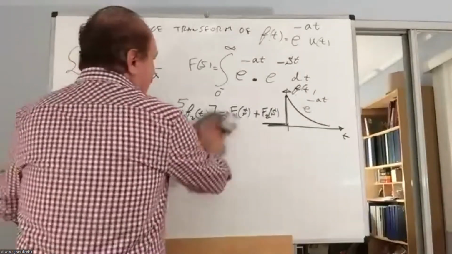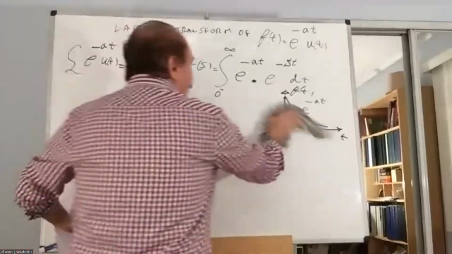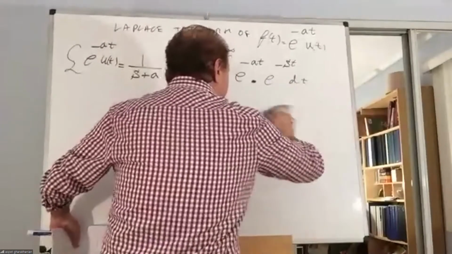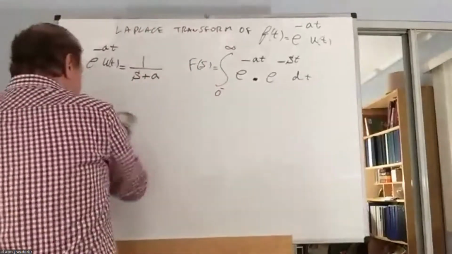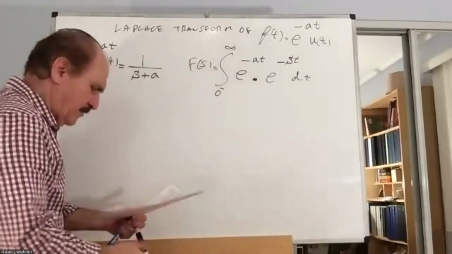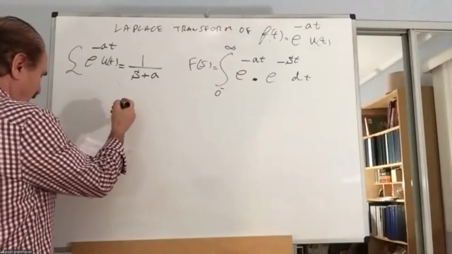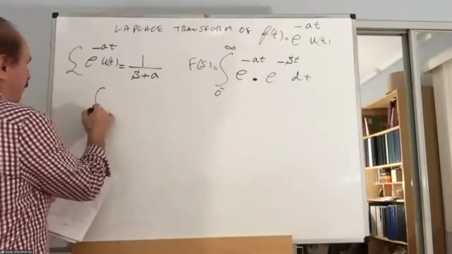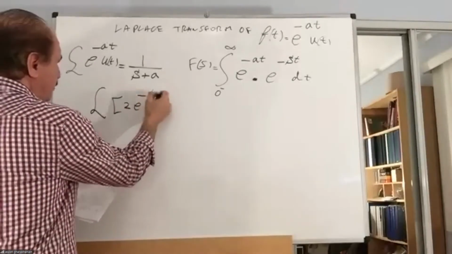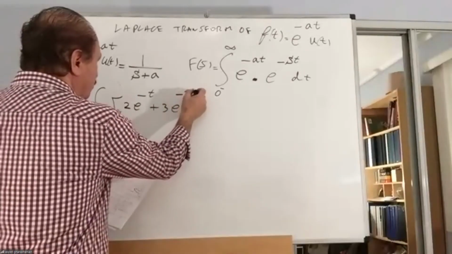Now, look at this example. Example 2 says, find the Laplace transform of 2 times e to the power minus t added to 3 times e to the power minus 2t.